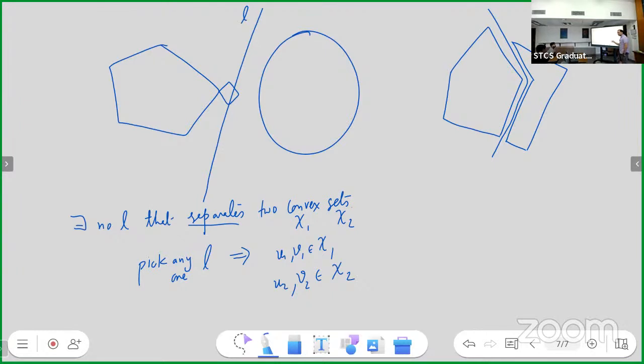You want to say something like, right? That's all I'm asking you to write in terms of U1 and V1. U1 belongs to X1 and V1 will belong to X2. So how do I represent this line?